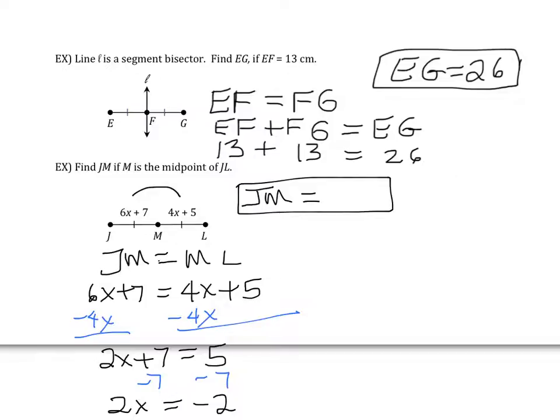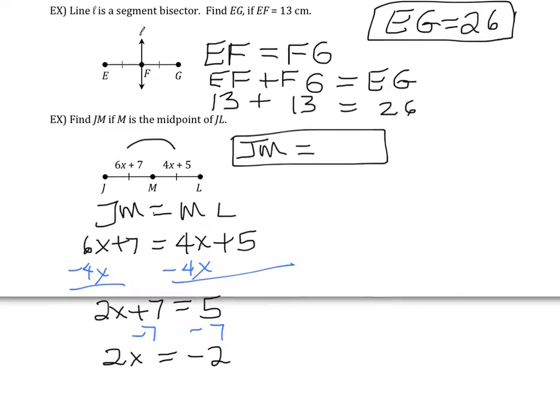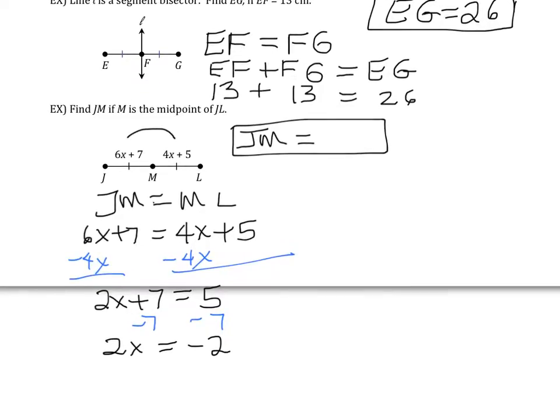The last step in solving equations, of course, is to divide by the coefficient. In this case, it's a 2. When we divide both sides by 2, we can see that x equals a negative 1.